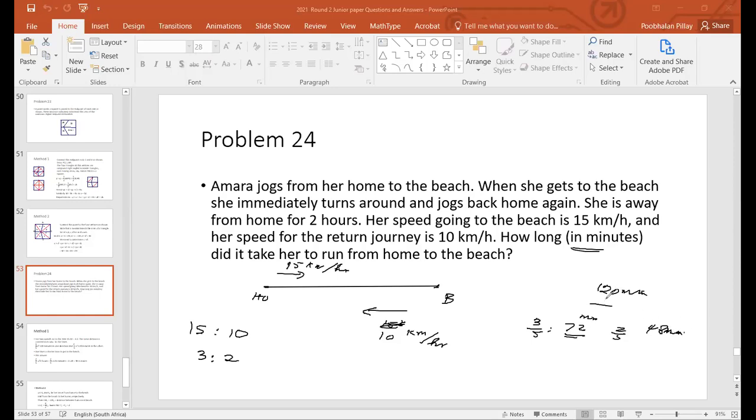So when you divide 120 in the ratio 3:2, one of these is 72 and the other is 48 in time. Now she will take a shorter time on the down journey, so that will have to be 48. And she'll take a longer time in the up journey, and that will be 72.